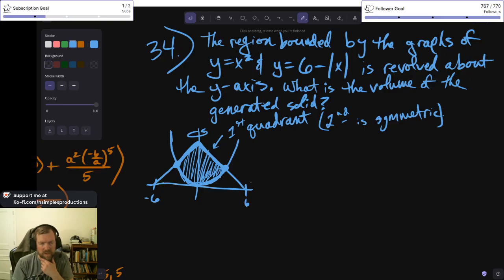The second is symmetric anyway. So we want this rotated about the y-axis. This would be easier as a disk. That's a lie. It would require multiple integrations if we do it as a disk.